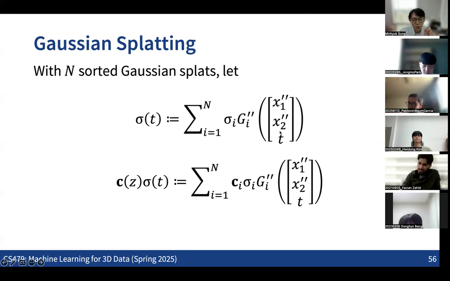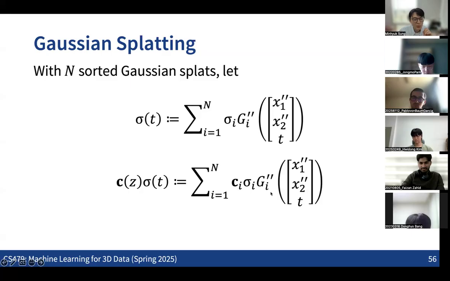So based on the query point that we have over the ray, we determine the weight for each of these splats. The final opacity is then calculated as the weighted sum of the opacity of each Gaussian splat. The multiplication of the color and the opacity is also defined in this way: we multiply the color and take the weighted sum, where the weight is defined based on the Gaussian kernel. Clear?